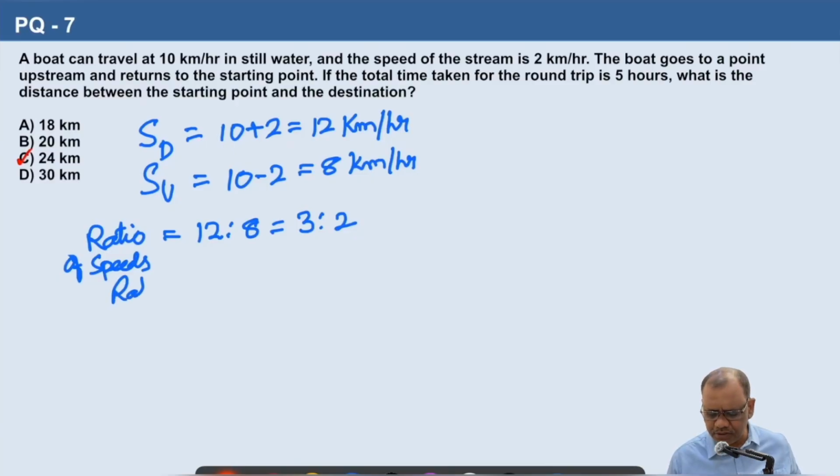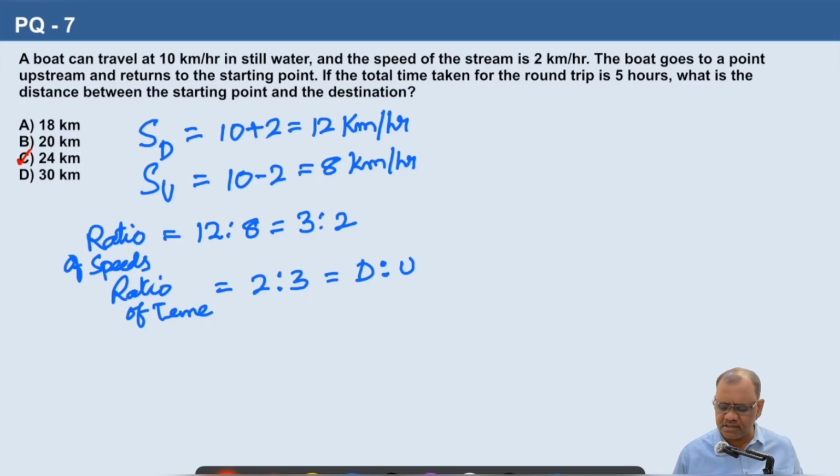So the ratio of time is the inverse ratio, that is 2 is to 3. So 2 parts is the time in the downstream, and 3 parts is the time in the upstream.